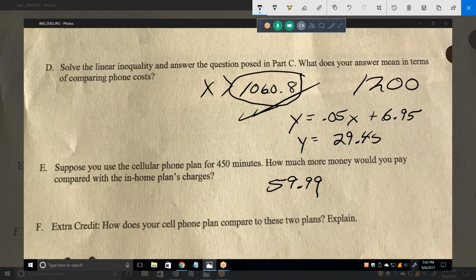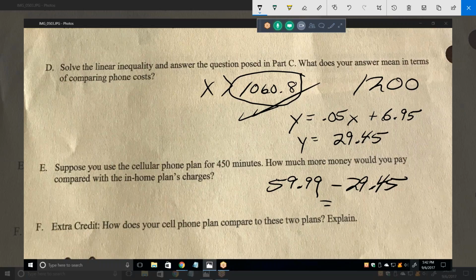So how much do you save? You would just subtract 59.99 minus 29.45, whatever that answer is. 30.54. No, actually, I'm sorry, I misread the question. No, I read it right. How much more money would you pay?